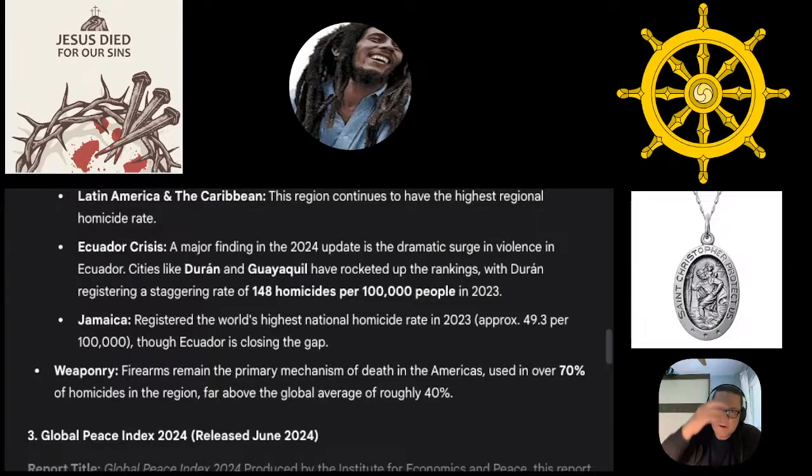In my opinion, he was a Christian and a Buddha and was an absolute saint. So Jamaica registers the world's highest national homicide rate in 2023, with approximately 49.3 per 100,000, though Ecuador is closing the gap.